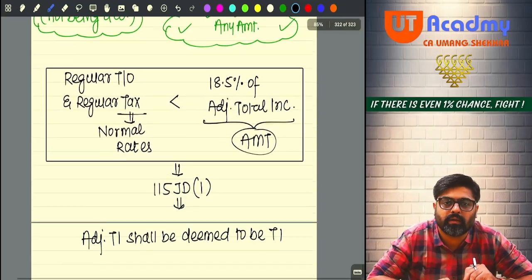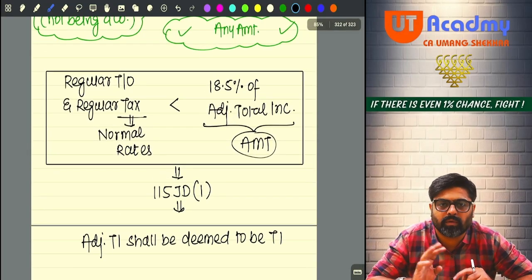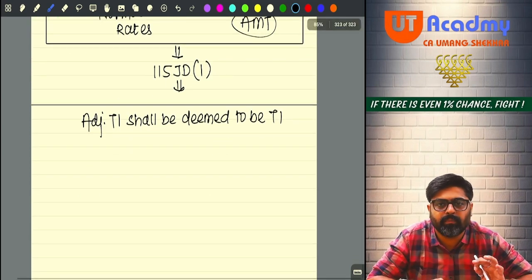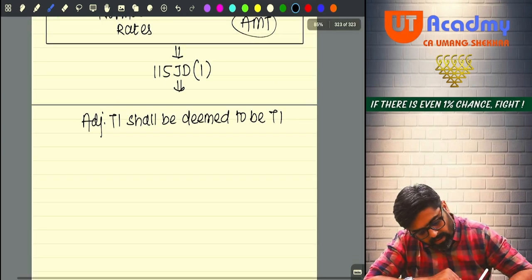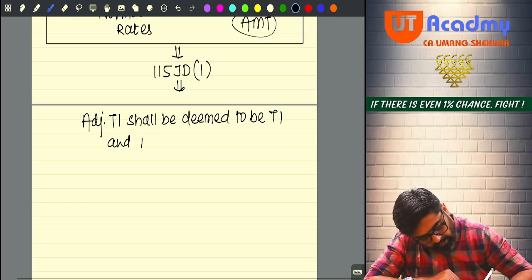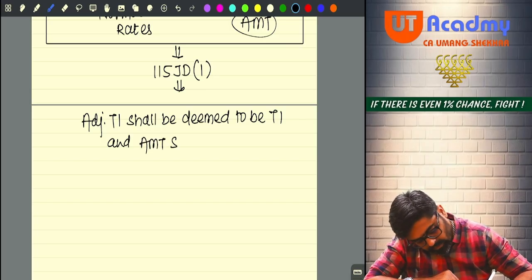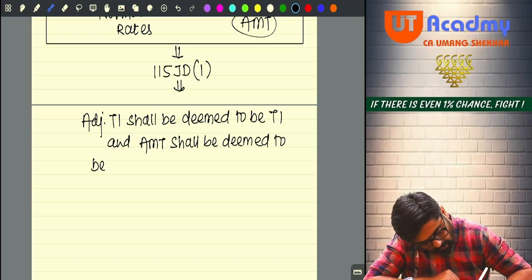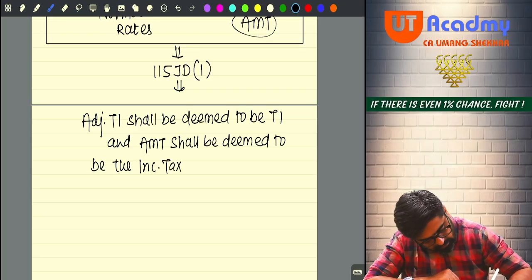Now your regular total income which you have calculated will be ignored. This adjusted total income will be deemed to be your total income, and alternate minimum tax shall be deemed to be the income tax payable, the income tax liability.